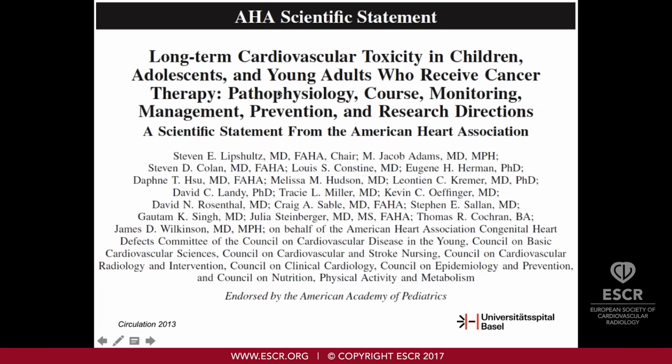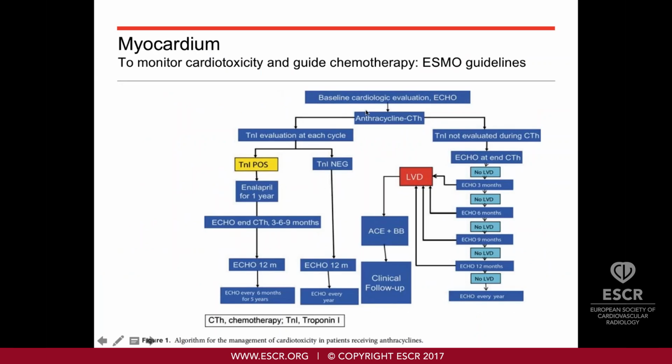Since T1 mapping, ECV mapping is a rather new field, clearly normal values are not yet identified, and when you do T1 mapping, you have to identify normal values for yourself. It's different, however, for T2 star mapping. For T2 star mapping, normal values and thresholds have been identified. So let's now move on to T2 star mapping.